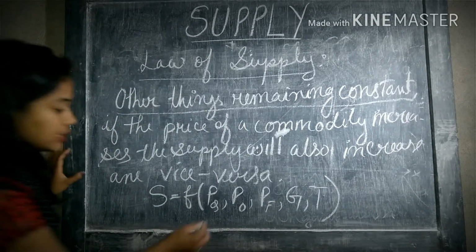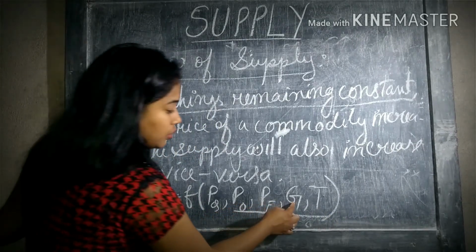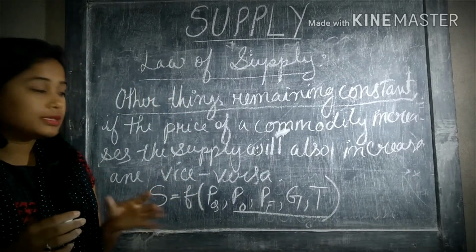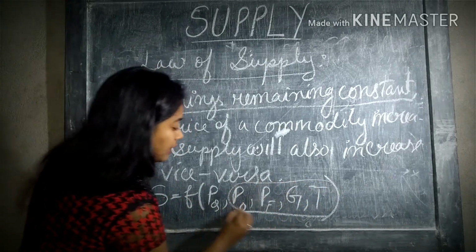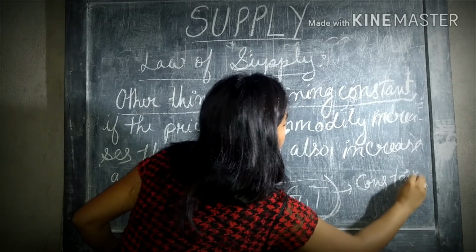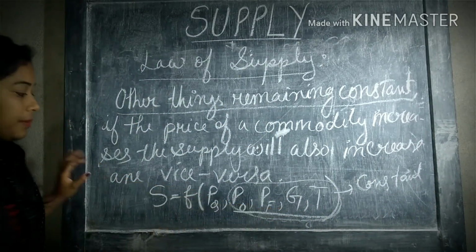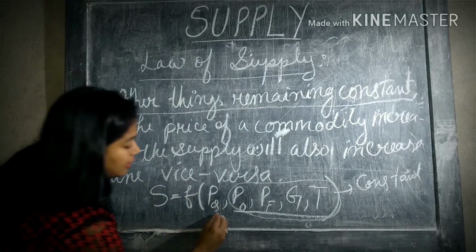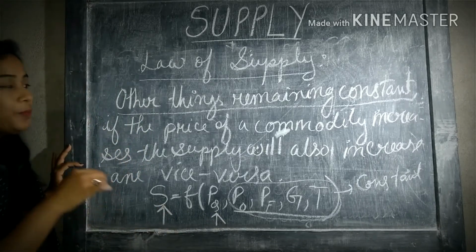So other things remaining constant, if the price of other commodity, price of factors, the goal and taste, if all these factors remain constant, meaning they don't change, and if the price of the commodity X increases, the supply of the commodity will also increase.